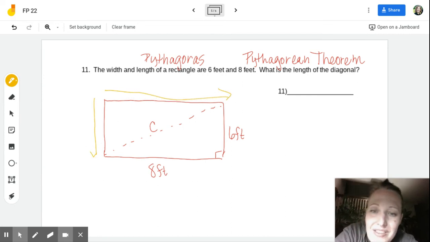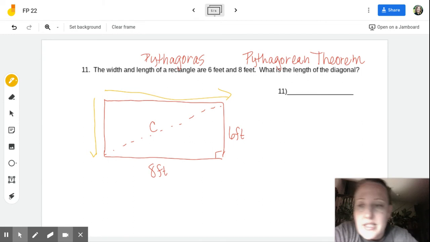And so you can kind of imagine this has a rise of 6 and a run of 8. So the slope of this line would be 6 over 8 or 3 over 4. Okay. So you can kind of picture things like that. He pictured stuff like that when he was doing this, and he also thought about it in terms of other shapes. And we'll get into that a little bit more when we get to this in our lessons.